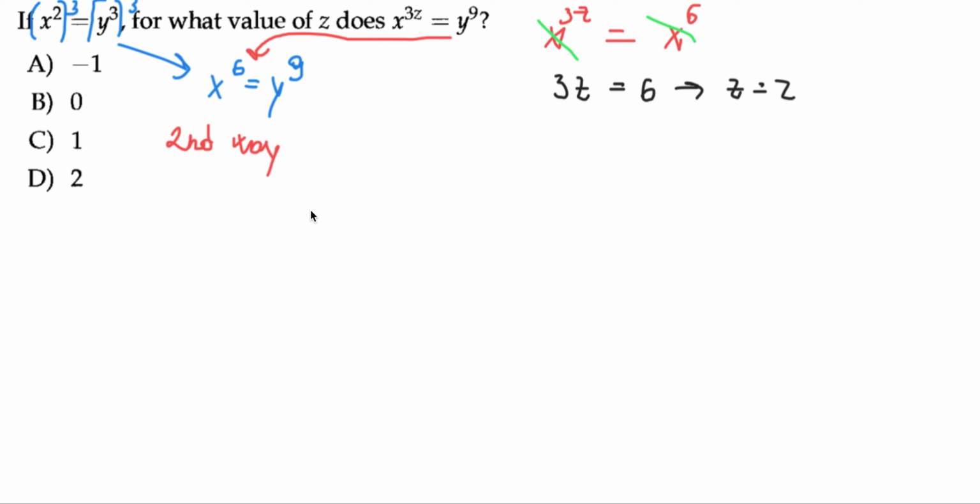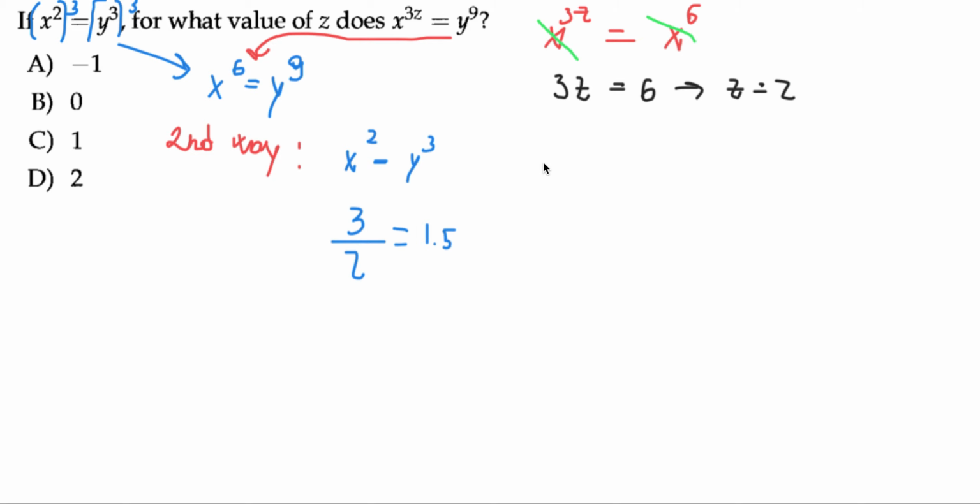If we are given x to the 2 is equal to y to the 3, we don't pay attention to the bases. So the ratio of the power of y to the power of x, which is 3 to 2, is equal to 1.5.